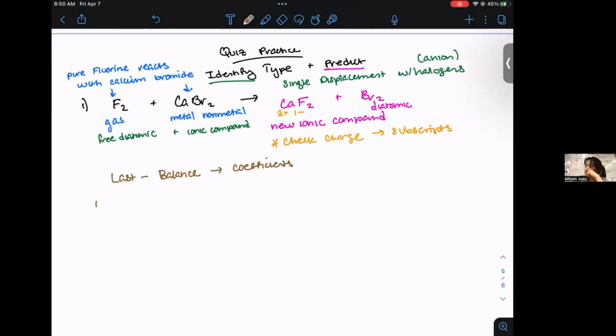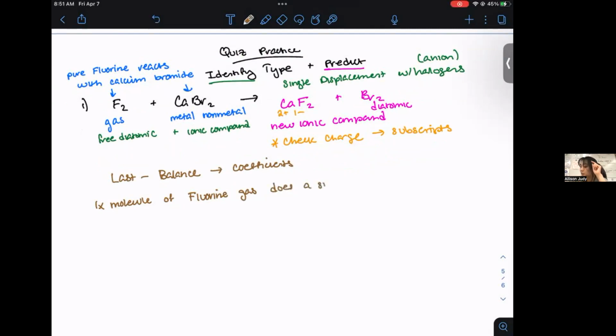I have one molecule of fluorine gas reacts with, or does a single displacement. Maybe I'll just name it.